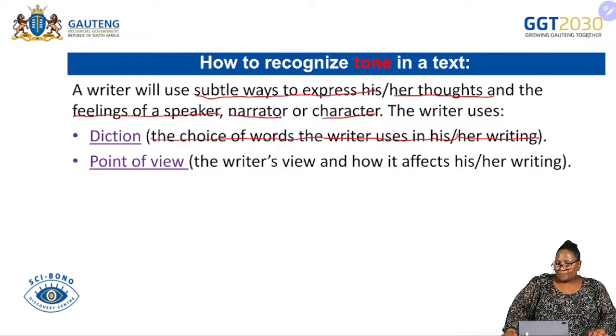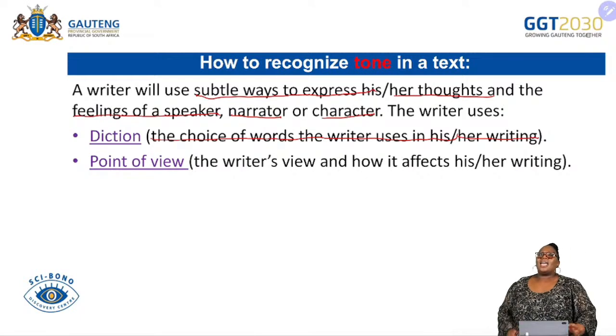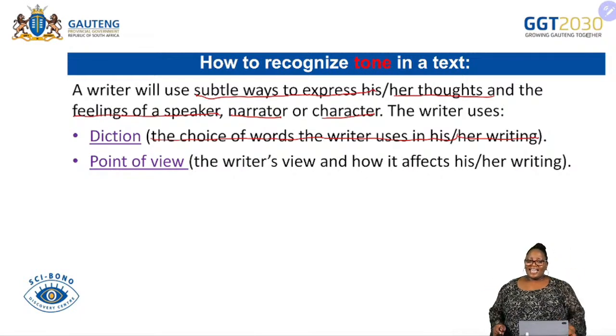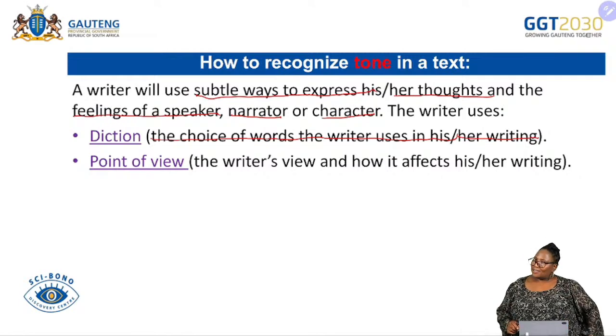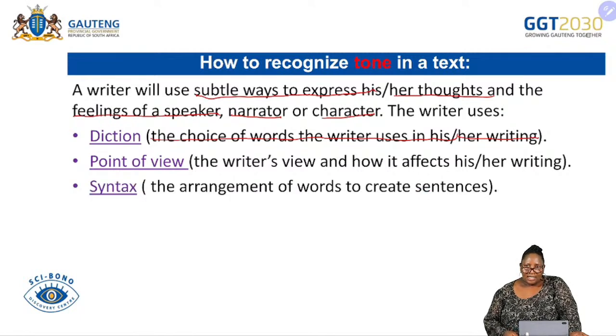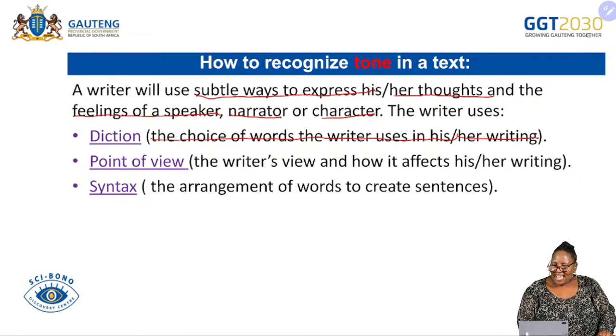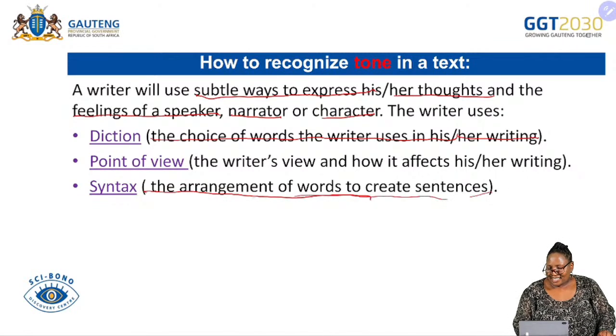Point of view. You can recognize the tone of a text by doing what? By looking at the point of view. The writer's view and how it affects his or her writing. Is he passionate about the subject or not? Is he frustrated? Syntax. What is syntax? Syntax is the arrangement of words to create sentences.